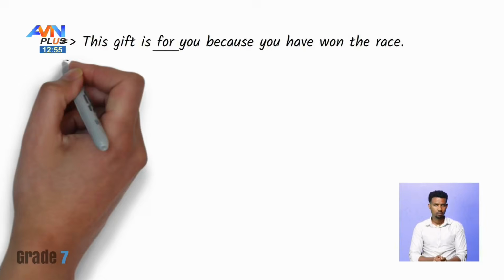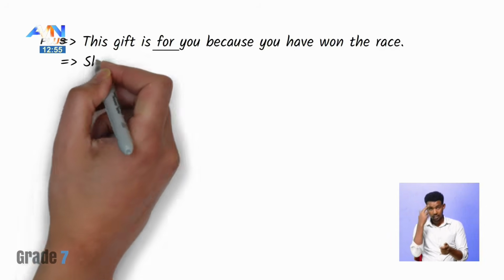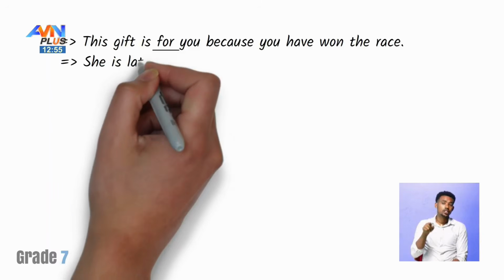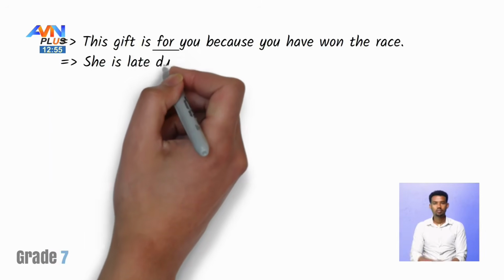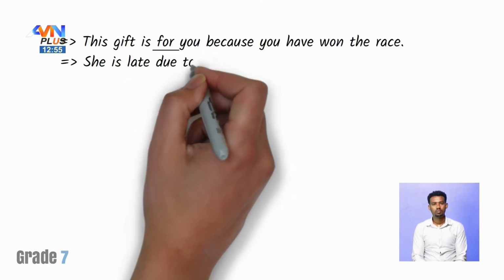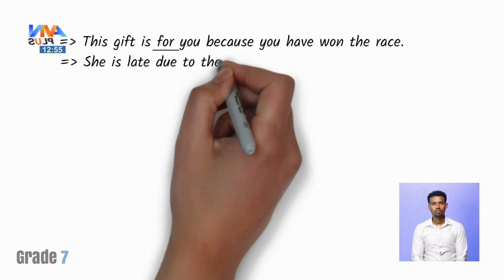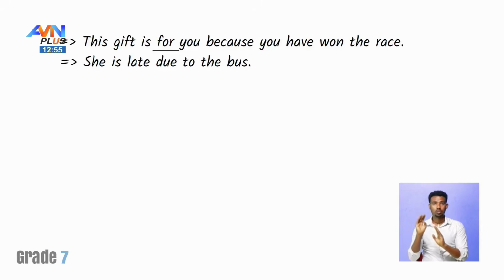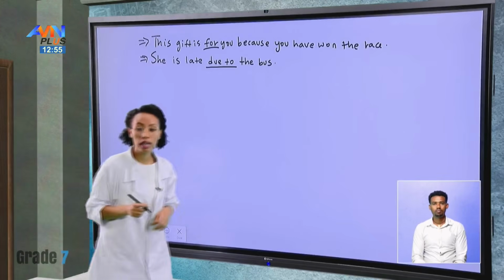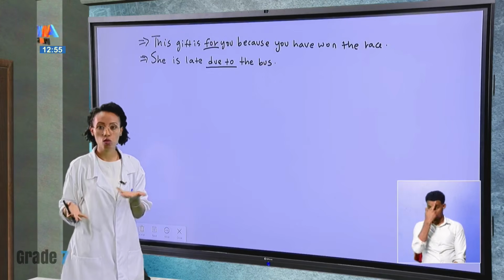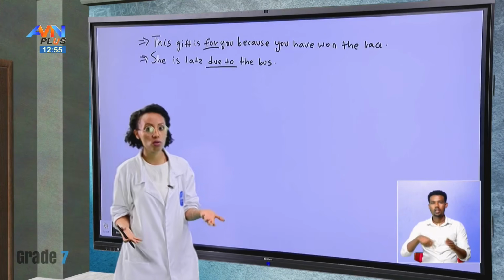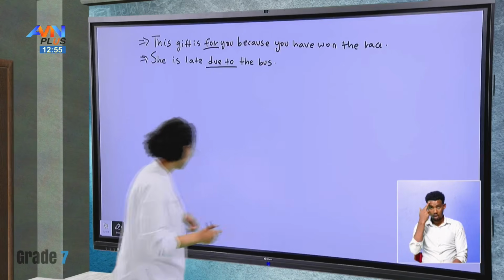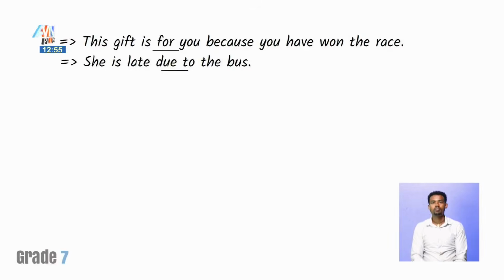So we are giving a reason and a cause again. She is late due to the bus. She's late due to the bus because the bus was late in this case and she is also late. We are giving another cause and reason.